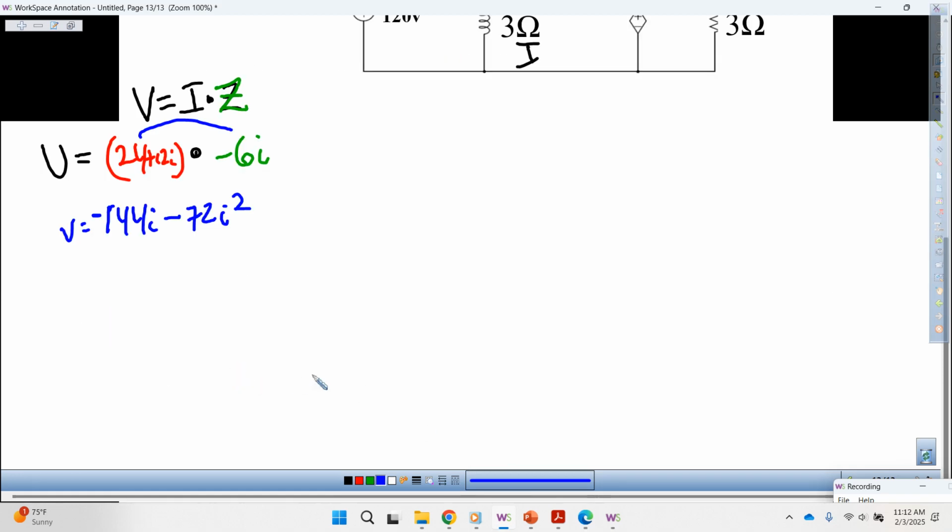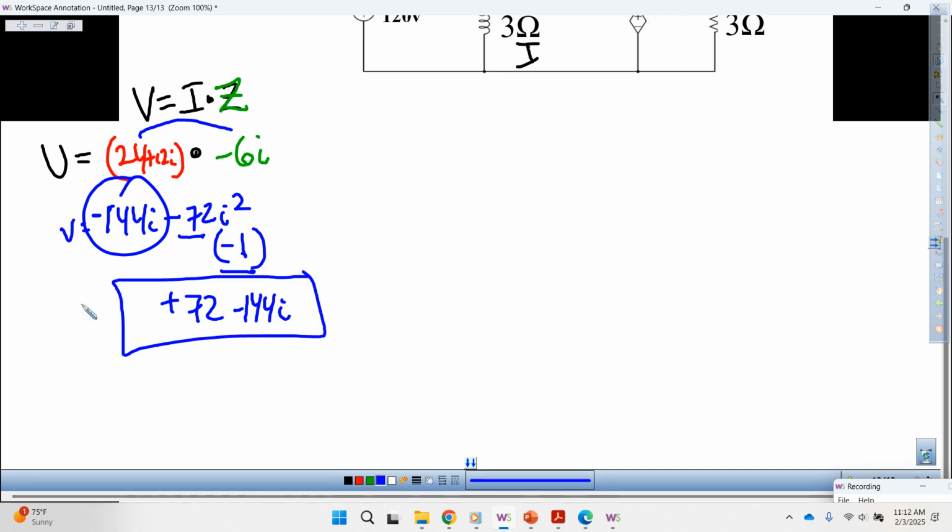However, what do we know about the i squared, everyone? It is negative 1. Is that correct? So negative 72 times negative 1, that's positive 72. And then we write this at the end, negative 144i. And this is the voltage going through the capacitor. All right, we good? All right.